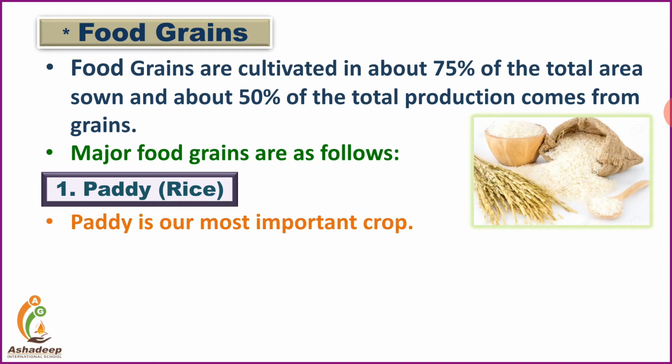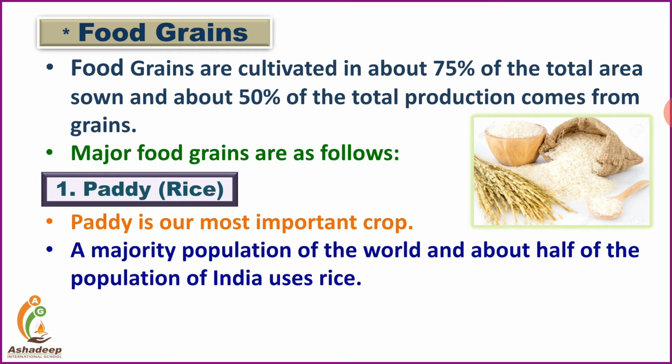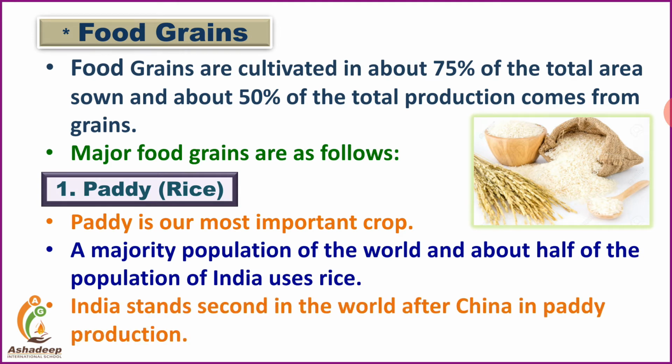Paddy is our most important crop, consumed not in a majority in India only, but the majority of the population in the world also consumes rice. India stands second in the world after China in paddy production.